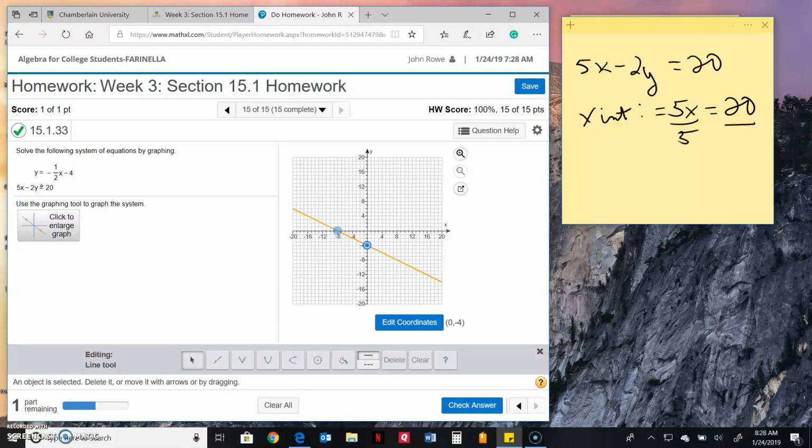Divide both sides by 5. X equals 4. So our x-intercept on this one, if y equals 0, x is going to equal 4.